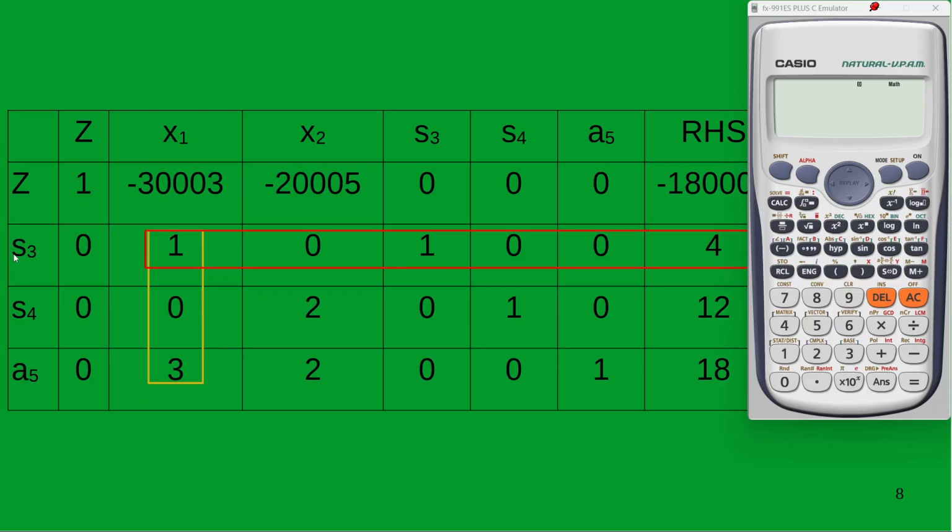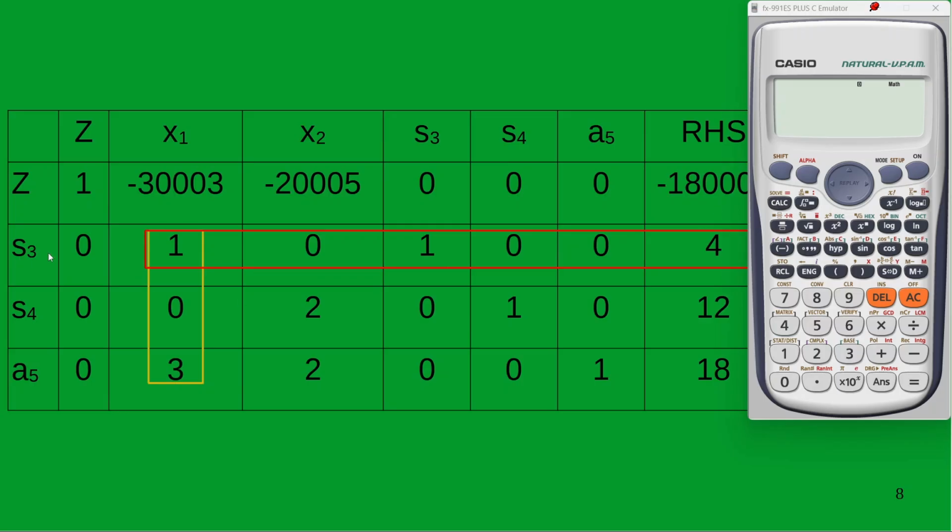The reason being, if you take the RHS and divide it by the coefficient of x1 for the row of S3, it's 4. Now for S4, it is 12 by 0, so that makes it infinity. And for A5, it makes it 18 by 3, so that makes it 6. So the least of the ratio is of course 4.